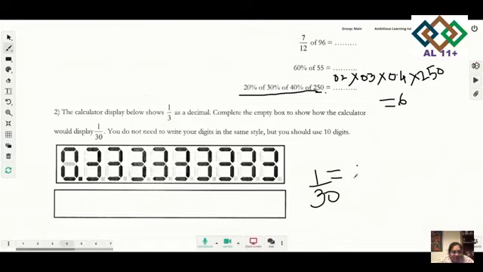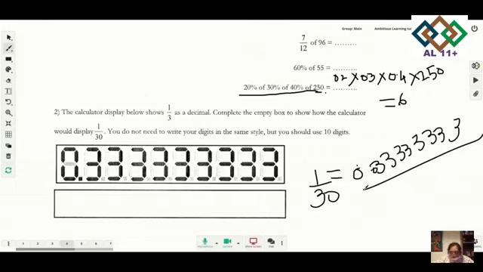When you do that, you will get your answer in decimals, that is 0.0333, and then 8 times 3, 1 2 3 4, 1 2 3 4 5 6 7 8. That's your answer for this one. It was not so hard. So let's move on to the next one now.